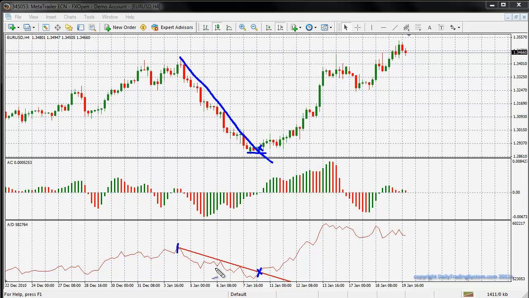The best way to actually get into a trade is by having a set of rules. 1. Identify the trend. 2. Identify the signal. 3. Find a confirmation. Very, very, very important. Find the trend, find the signal, find the confirmation.